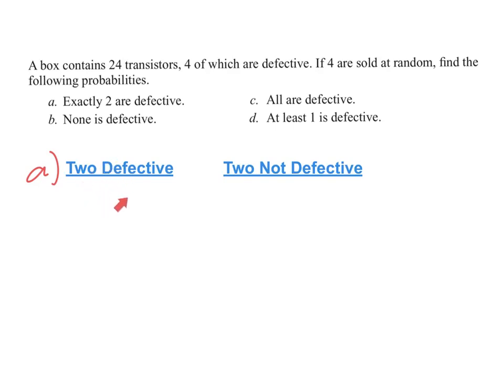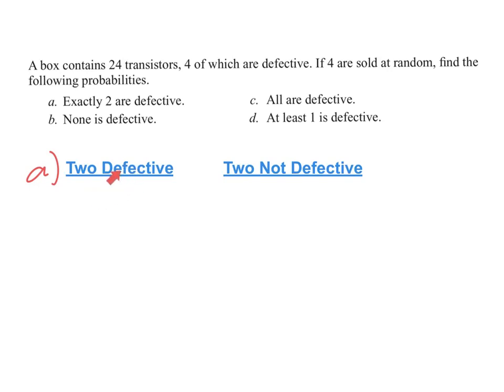in the 2 defective category, how many are there to choose from? 24? Okay, 2 defective. How many defective ones are there to choose from? There's 4 that are defective, and I'm going to choose 2 of them.